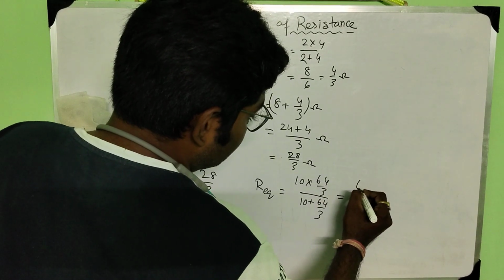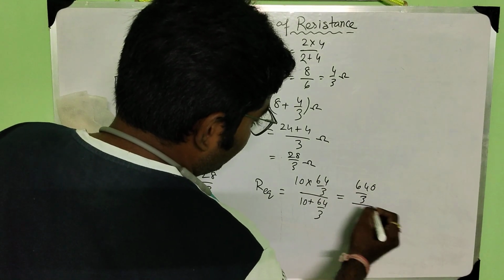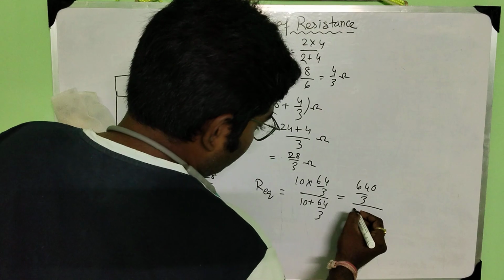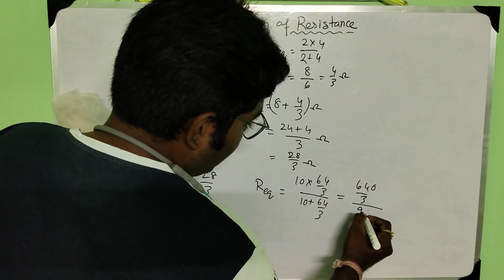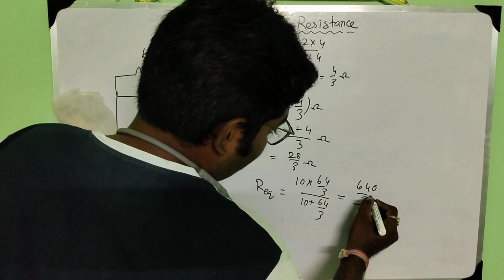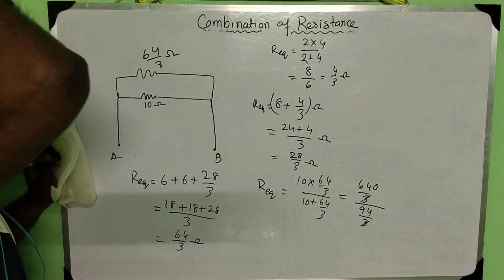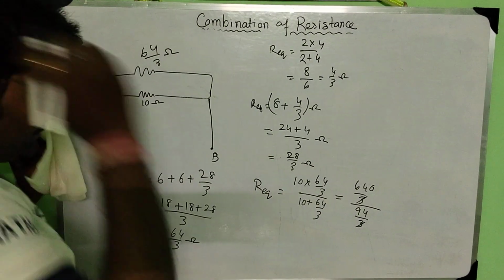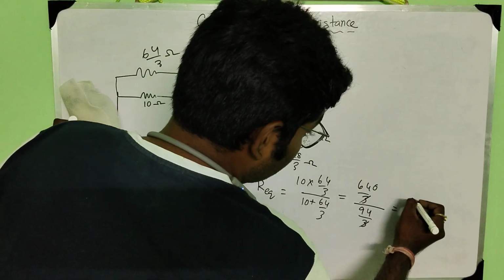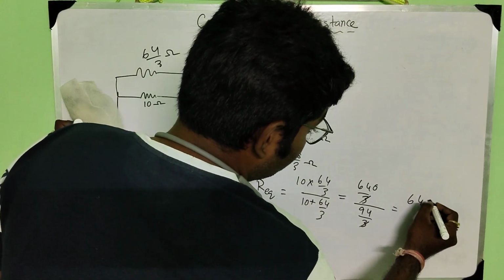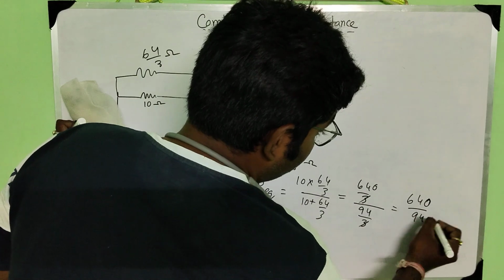That comes as 640 by 3 over 94 by 3, that is 640 by 94 ohm.